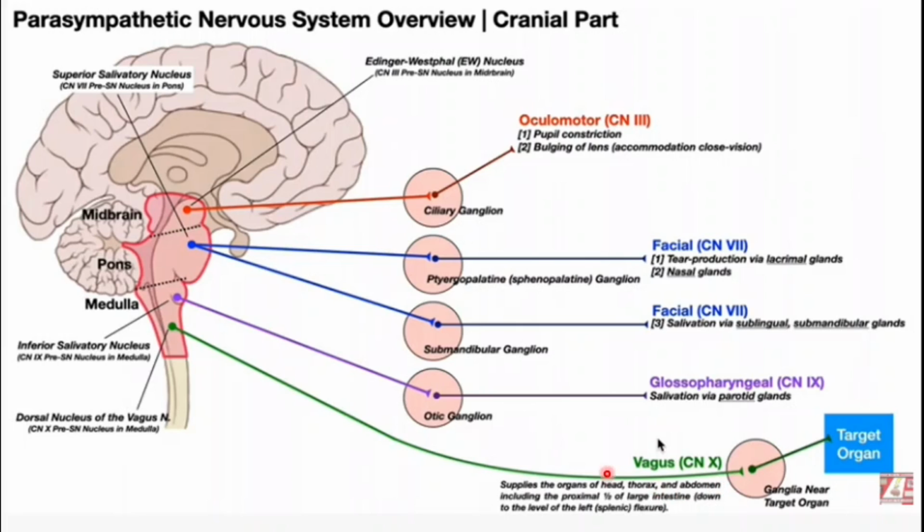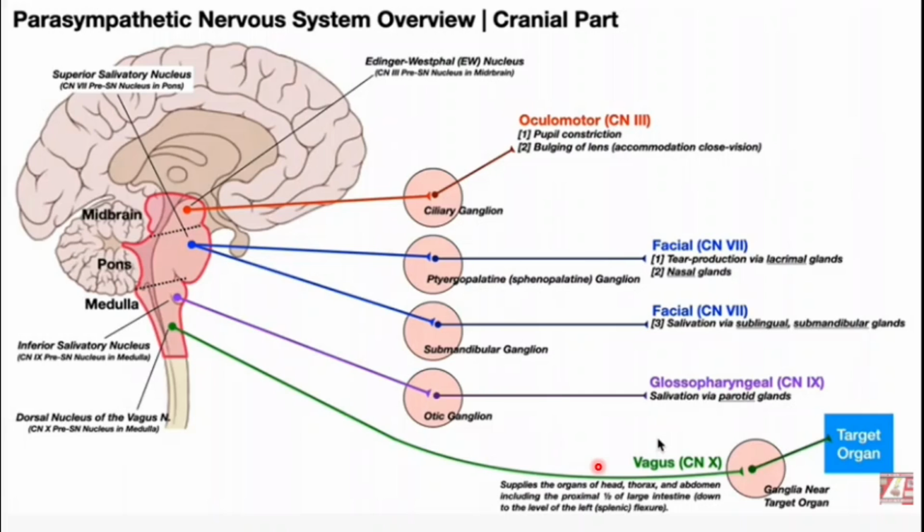And you know that the big vagus nerve, with the parasympathetic fibers, supplies the organs of the head, the thorax, where we have the heart and the lungs, and in the abdomen, the stomach, the pancreas, the liver, and the large intestine.